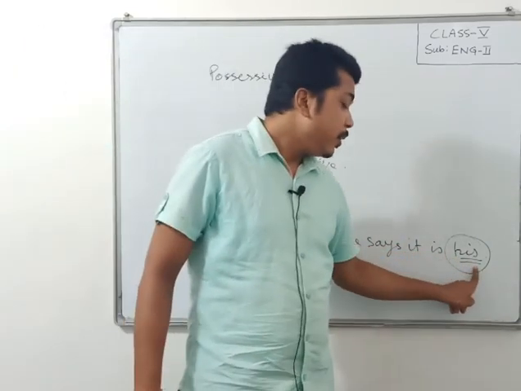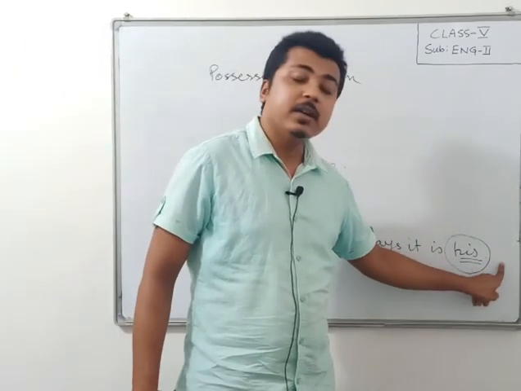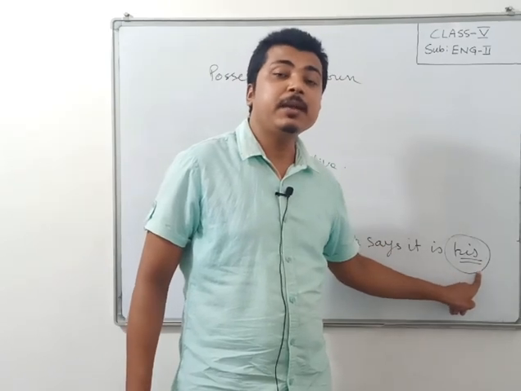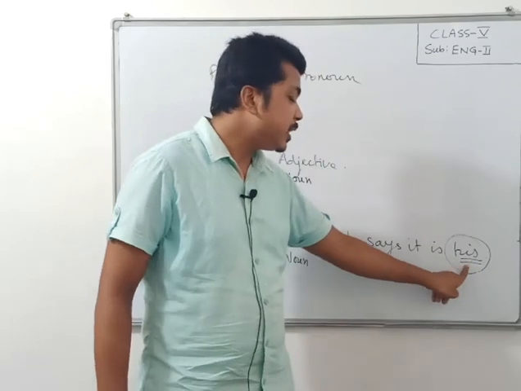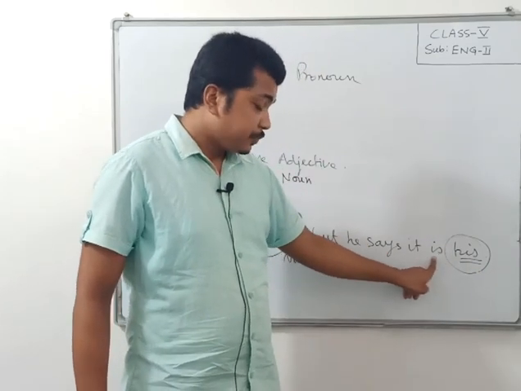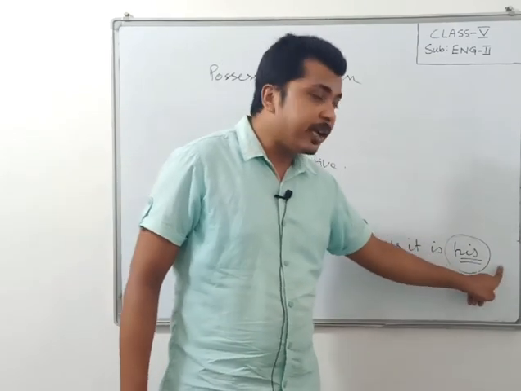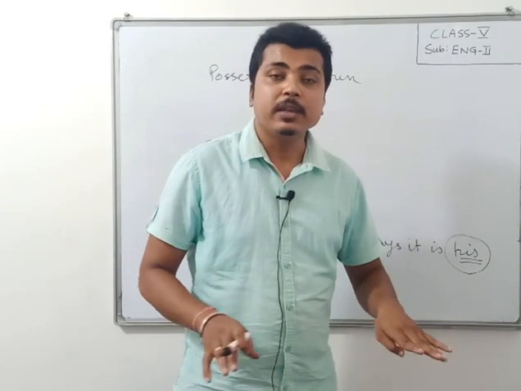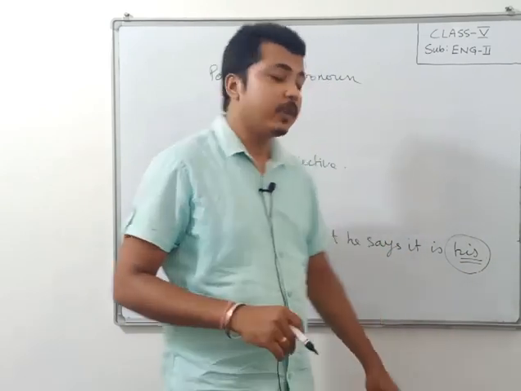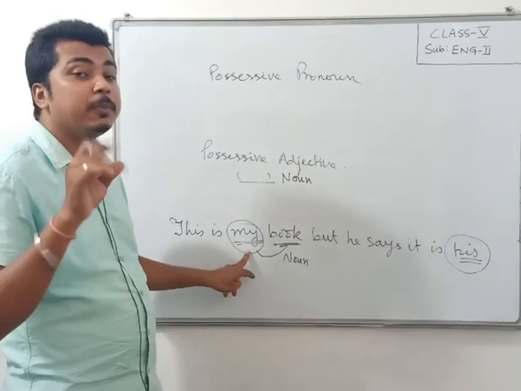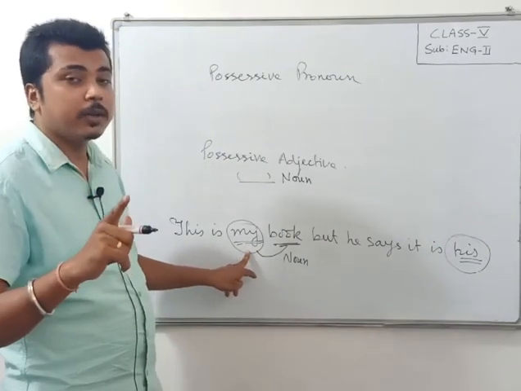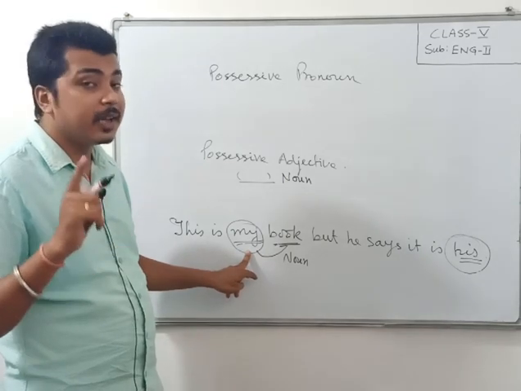And when there is no word after the pronoun, at that time it will become possessive pronoun. Is it clear? Here also you see, on the left hand side or right hand side there is no noun. In that case it will become possessive pronoun. And here you see, on the right hand side there is one noun word. In that case it will become possessive adjective.